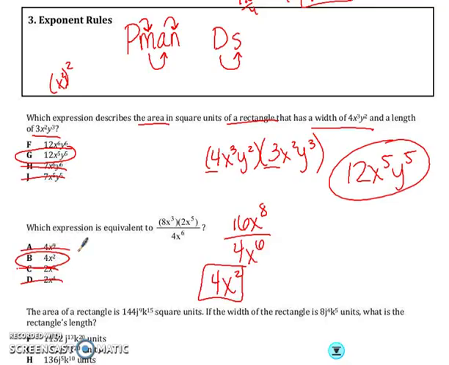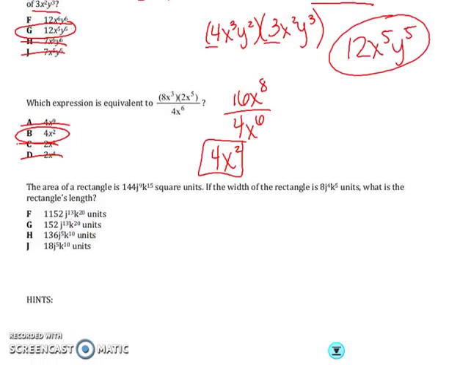All right, and then the very last one, the area. This one's a little different. It says the area of a rectangle is 144 j to the 9th k to the 15th. That's the area. The width of the rectangle is this. What is the rectangle's length? So you can set this up two different ways.